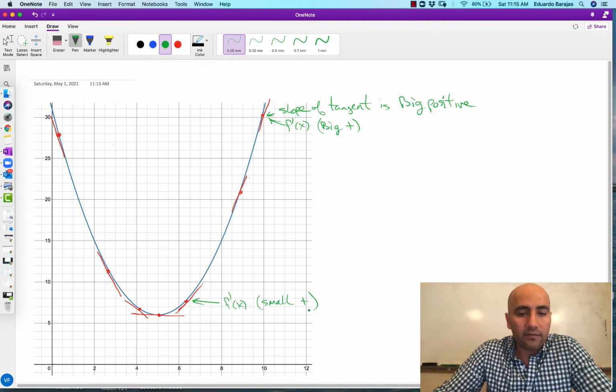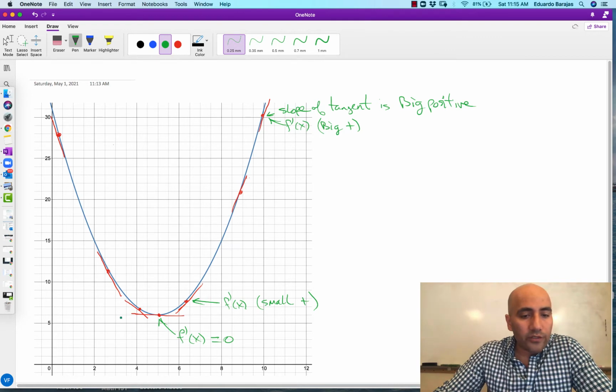Of course, here, when the tangent is horizontal, we know that at this point the first derivative of f of x, the slope of the line tangent, is equal to 0, right? Remember, the first derivative is equal to the slope of the line tangent.